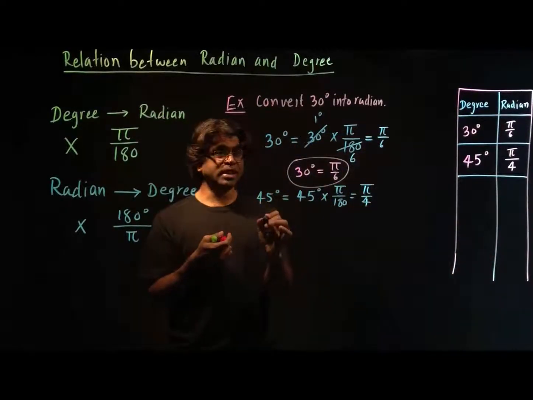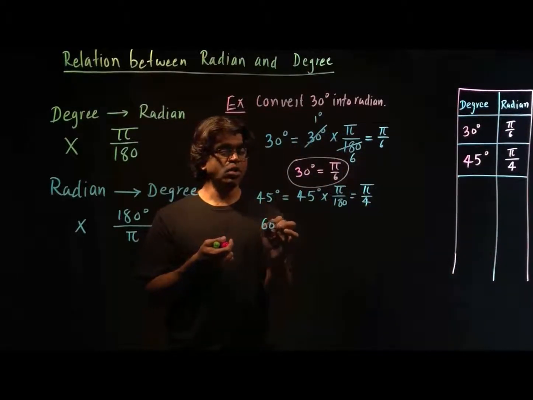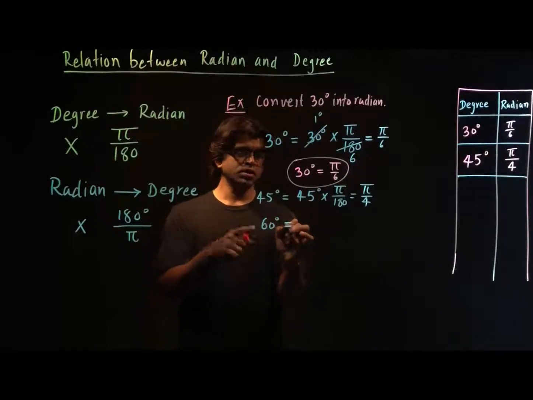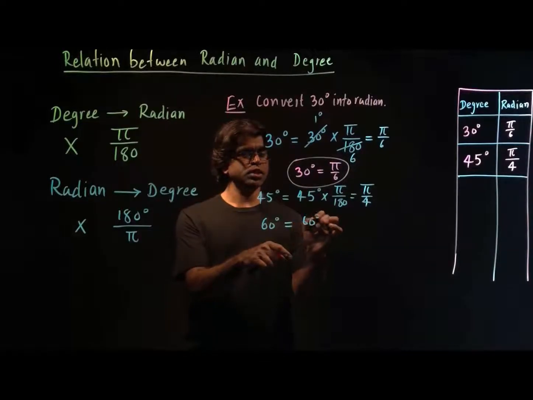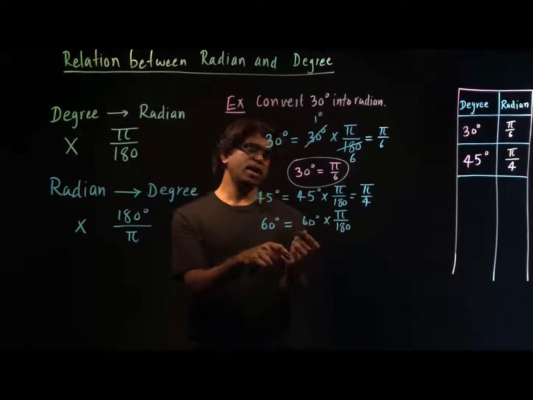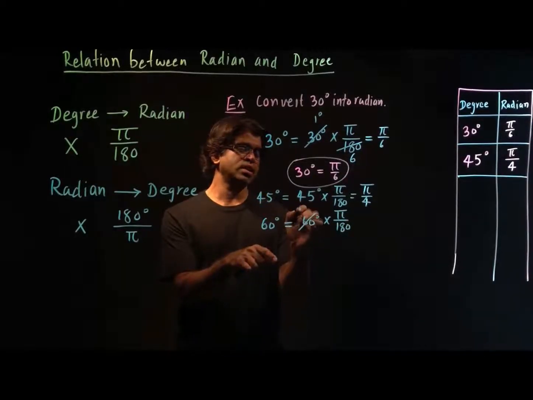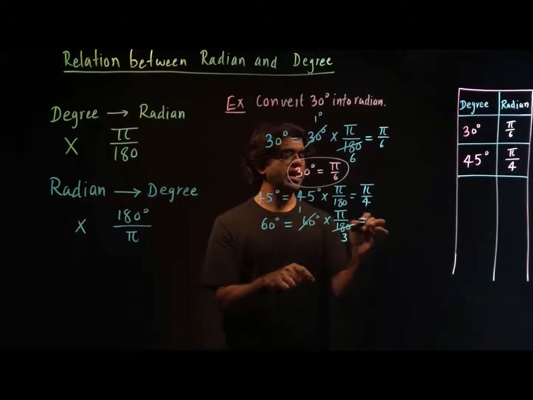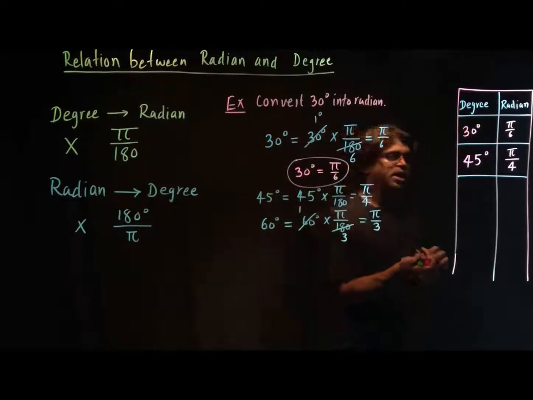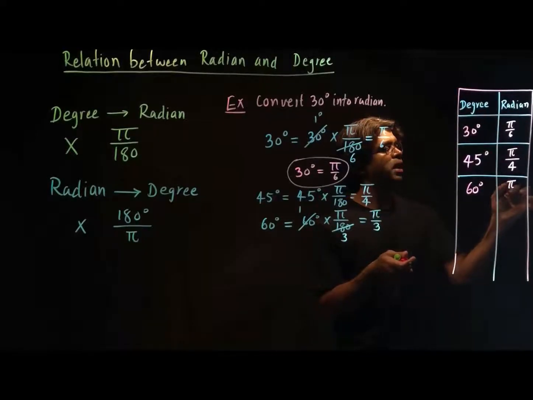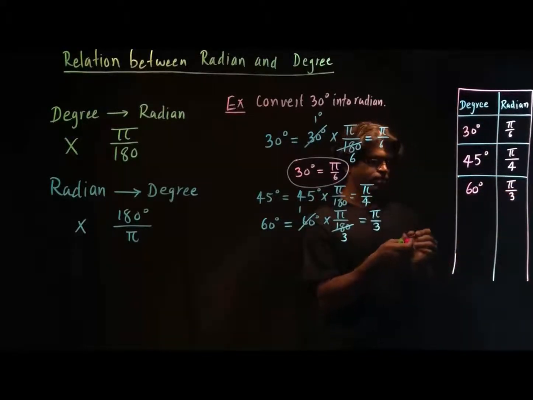Now, how about 60? If I want to convert 60 degrees into radian, 60 degrees is equal to 60 degrees times pi over 180. We all know 60 times 1 is 60, and 60 times 3 is 180. So I got pi over 3. I can write here 60 degrees is equal to pi over 3.